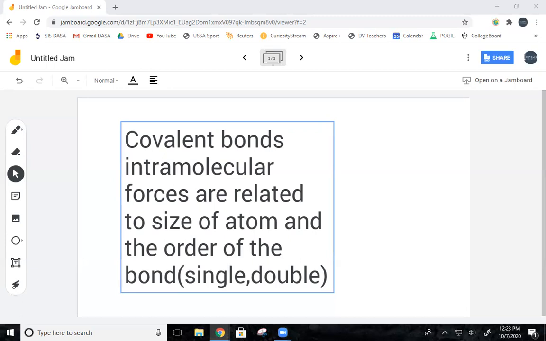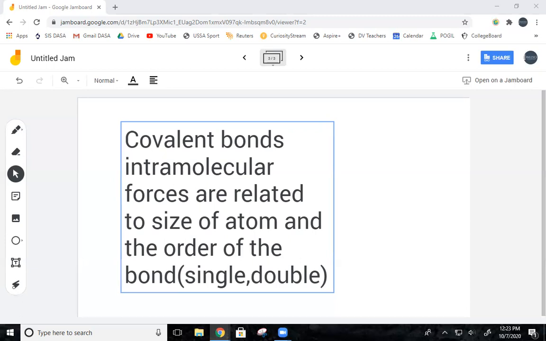Sodium chloride, salt, is also. No, because when you're chipping away at salt, you're breaking the bonds between the molecules, not the bonds between the atoms.